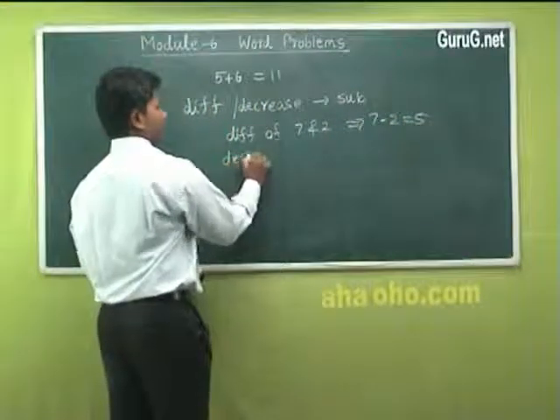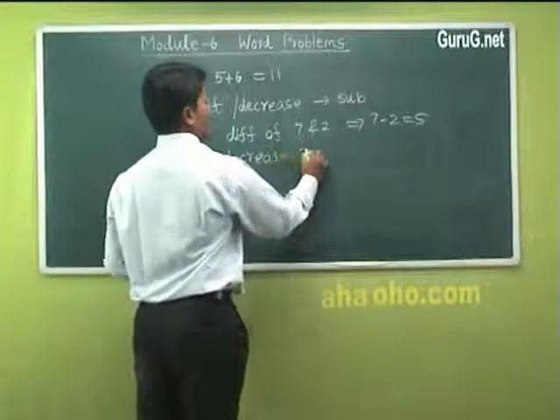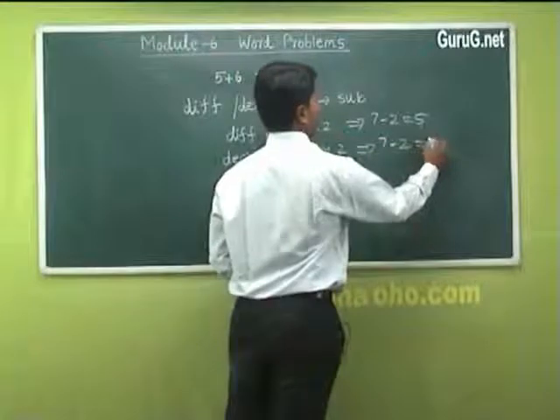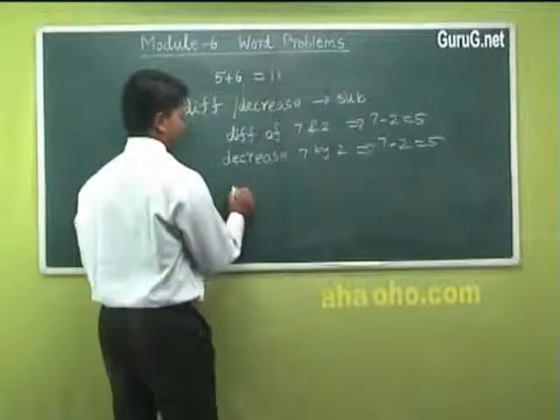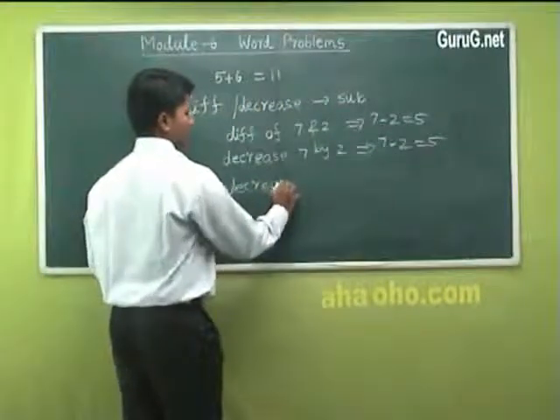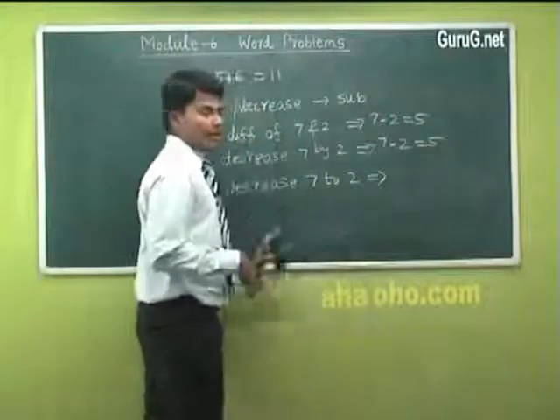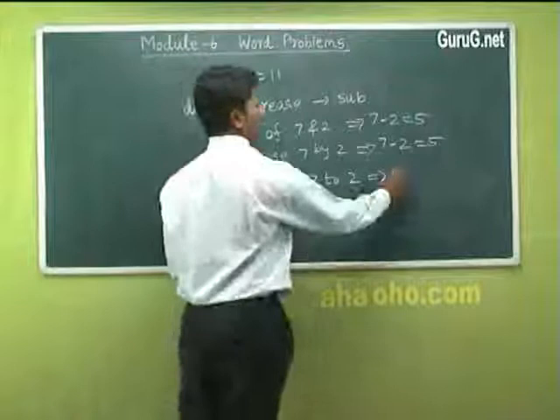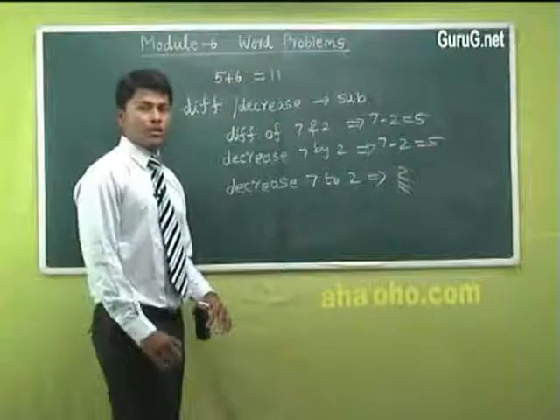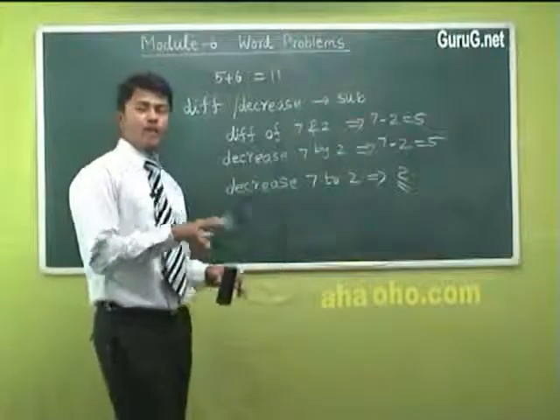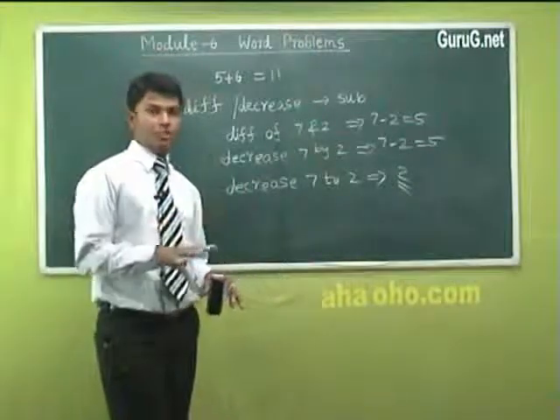Decrease 7 by 2. This is also 7 minus 2 is equal to 5. Decrease 7 to 2. What does this mean? Decrease 7 to 2. The answer is 2. So these are some of the important words, the narrative form of mathematical operation.